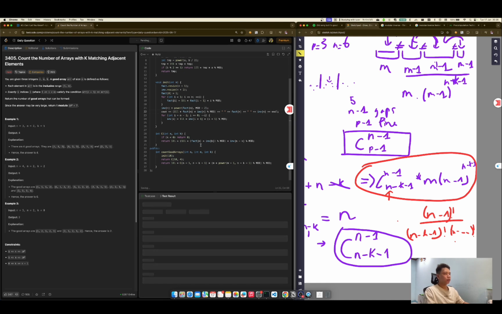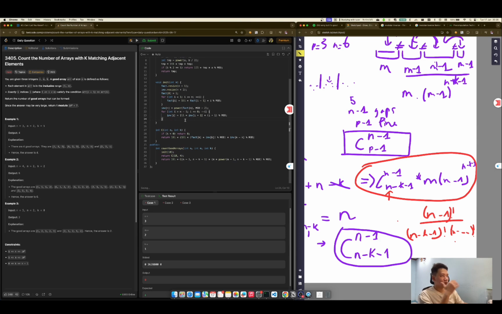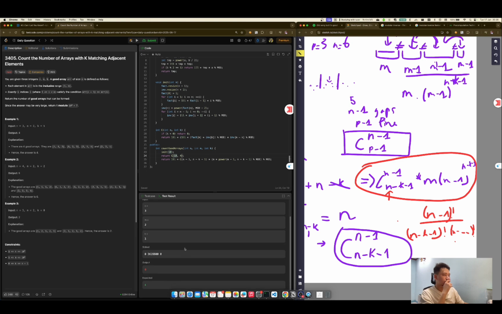There's something wrong. Zero, okay, zero is correct. The inverse array is correct. So how about 10 power 4 returning 0? What does it mean? Oh, it must be 1. I know. Okay, it's right.